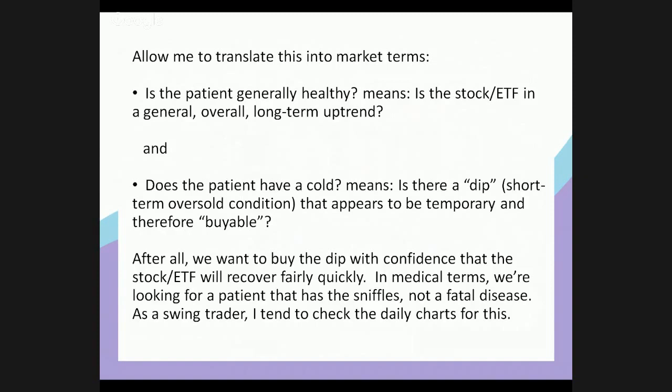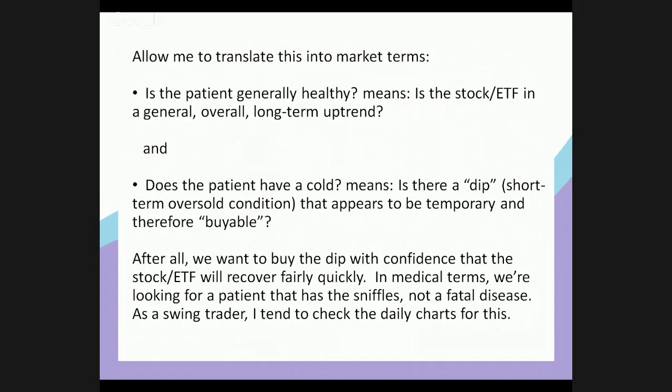And does the patient have a cold? Means, is there a dip or short-term oversold condition that appears to be temporary and therefore buyable? After all, we want to buy the dip with confidence that the stock or ETF will recover fairly quickly. In medical terms, we're looking for a patient that has the sniffles, not a fatal disease.